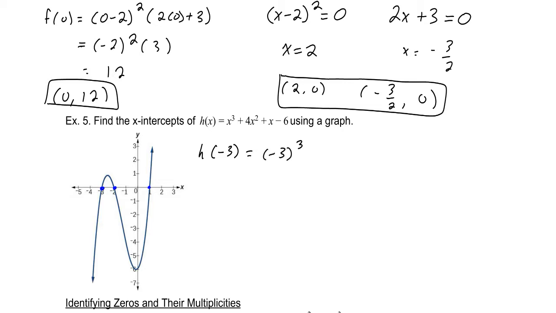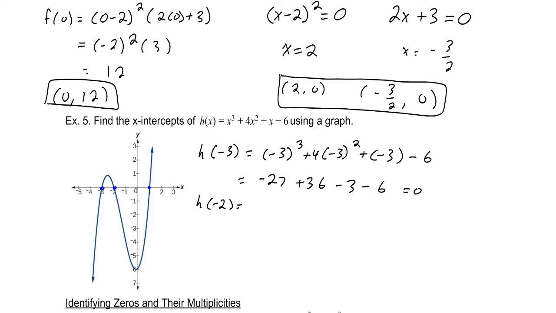Negative 3 cubed plus 4 times negative 3 squared plus negative 3 minus 6. That would be negative 27 plus 36 minus 3 minus 6. Let's go ahead and verify that. Alright, that is 0. So h of negative 3 equals 0, meaning that one of our x-intercepts, our solutions, occurs at negative 3.